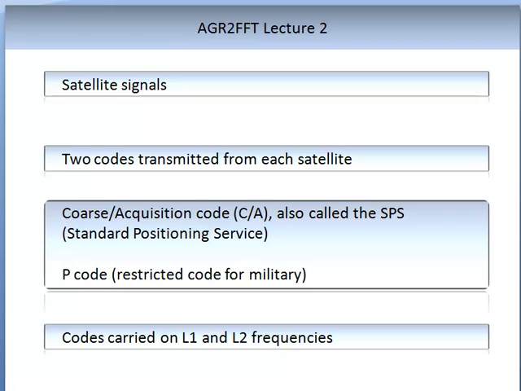The first code is the Coarse or Acquisition Code, or CA for short. This is also called the SPS, Standard Positioning Service. The second code that is sent out is a P code. However, note that this is a restricted code for military use only. The codes are carried on L1 and L2 frequencies.